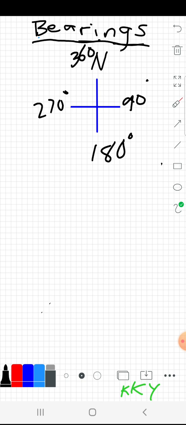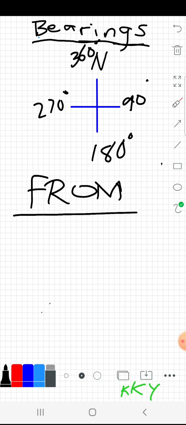But we're going to be taking some practical questions right here, and I know you're going to enjoy this so much. But before we take these practical questions, there's something we have to look at on the bearing, and that is the word from. It's a four-letter word, but very important when it comes to bearing.